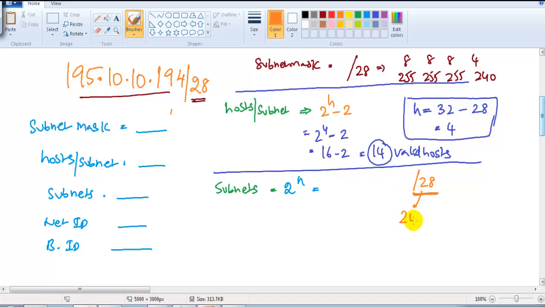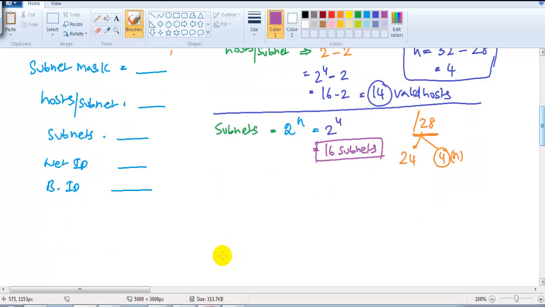So in C class, by default, there are 24 network bits and 4 are converted network bits. That is my n value. So I take 2 to the power of 4, which is 16 subnets. So the answer is I'll get around 16 subnets if I divide my network using FLSM.